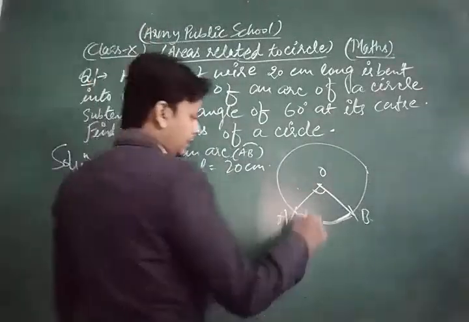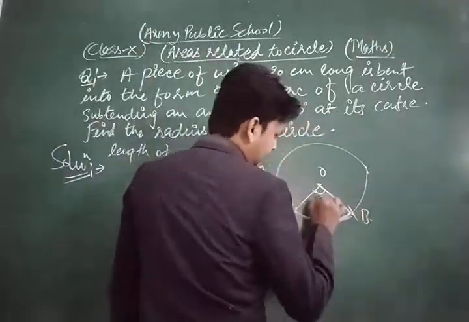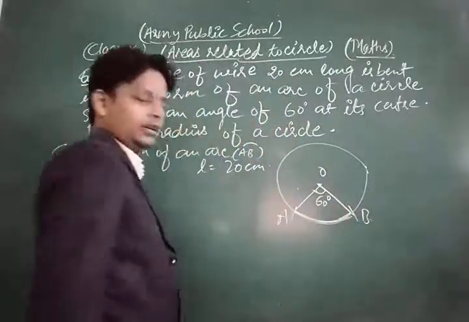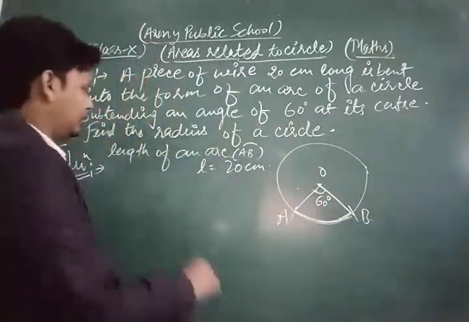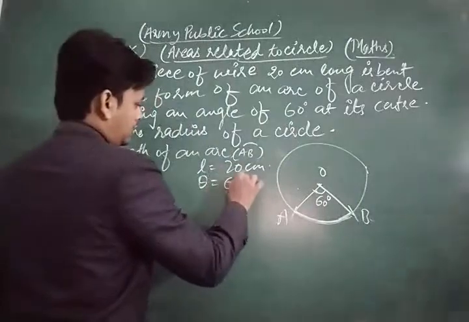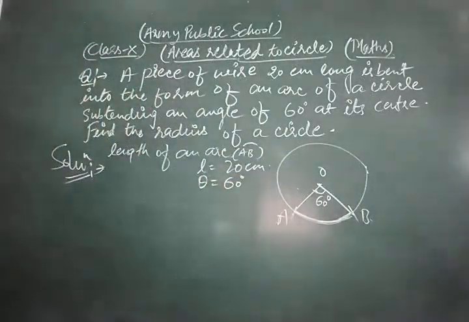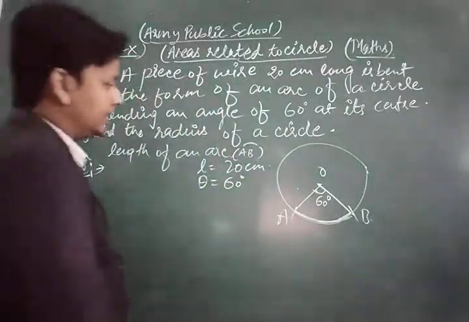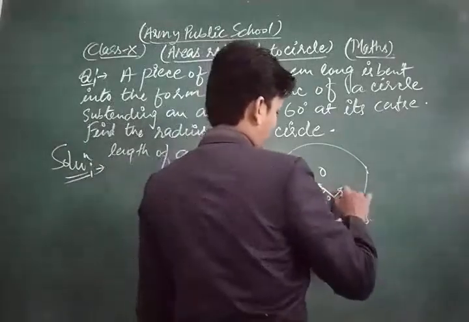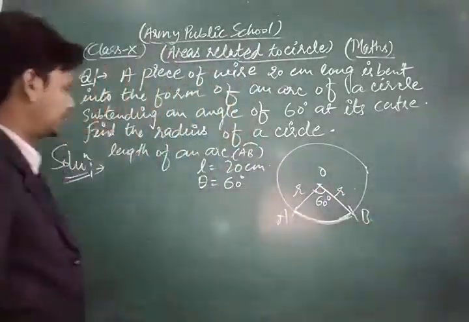The central angle subtended by that arc at the center is 60 degree. Find the radius of the circle. We find its radius R.